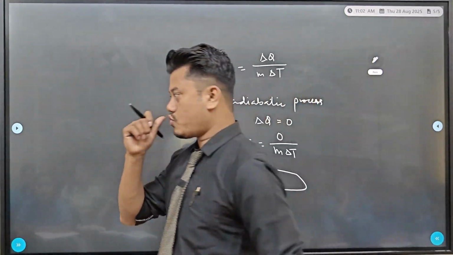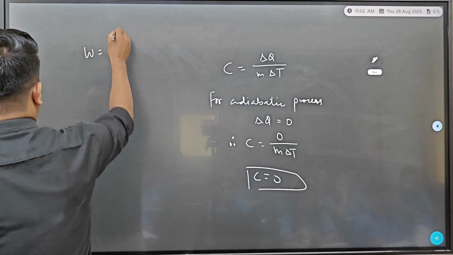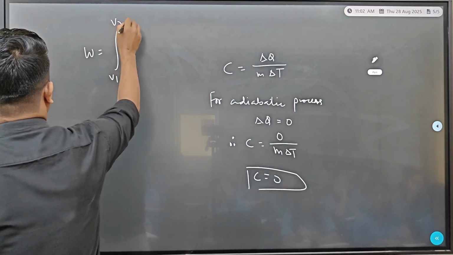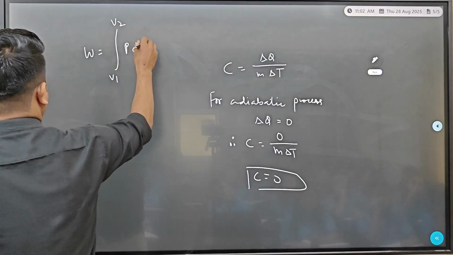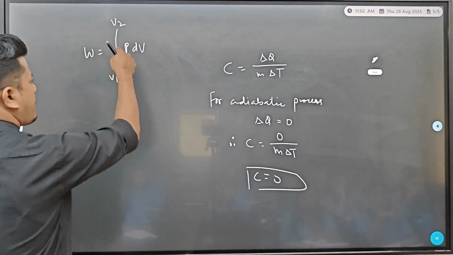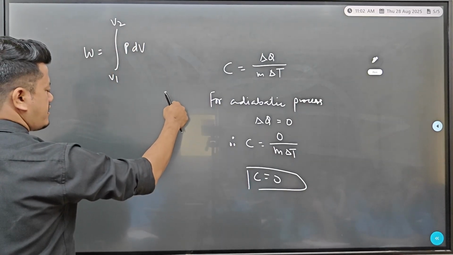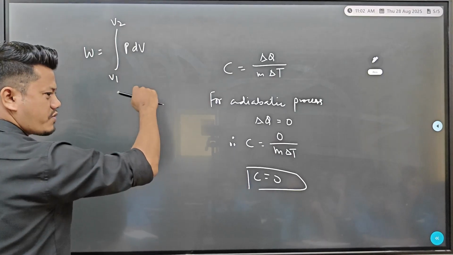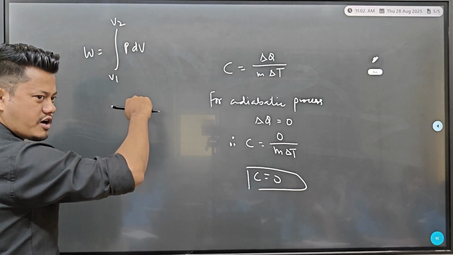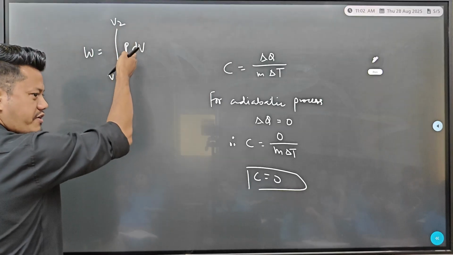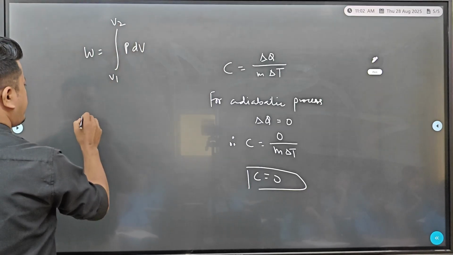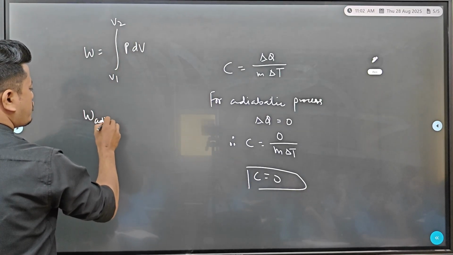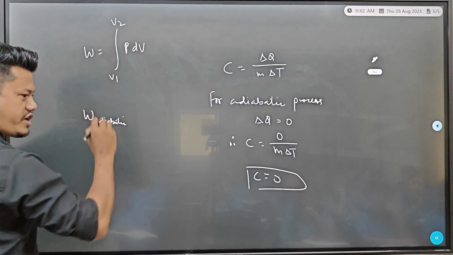Understood or not? So work done, the main expression of work done for expansion is integration V1 to V2 PdV. Here if I consider the equation PV to the power gamma equal to constant, and if I replace the value of P from that equation, ultimately, I'm not going for calculation or derivations here, okay?